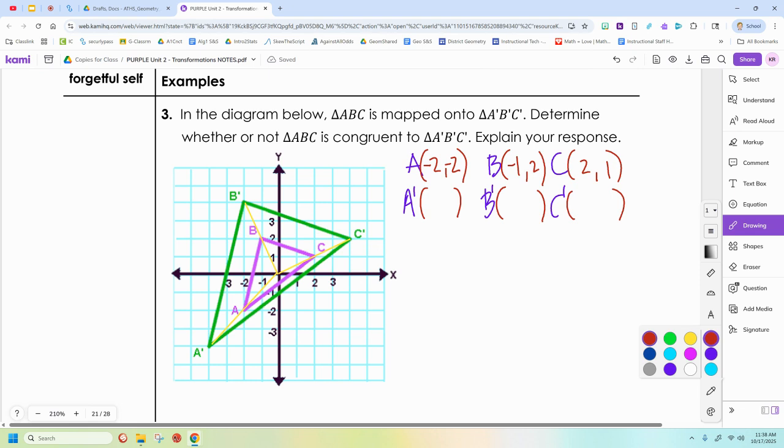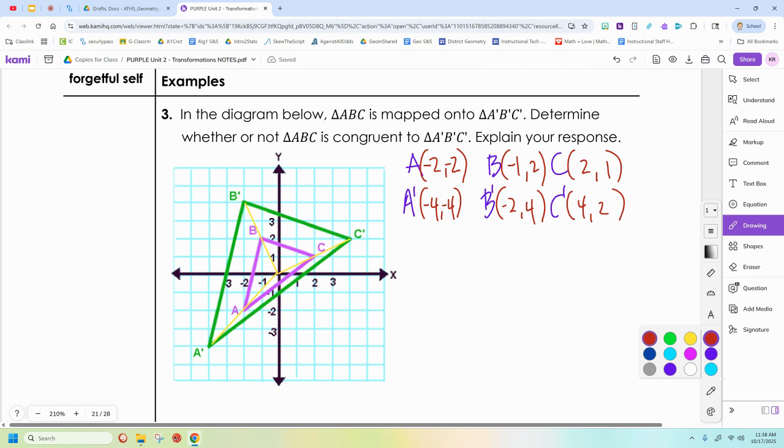All right, so these points, let's see. Anybody notice a pattern? Okay. So we think it's dilation. We know it's dilation.